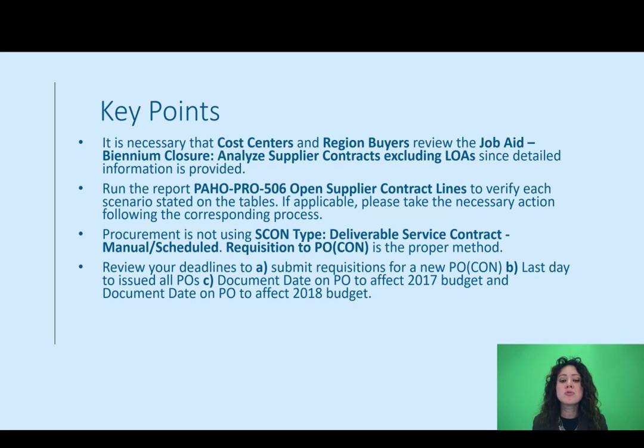And remember those document dates inside the PO: in order to affect the 2017 budget, they must be on or before December 15. But if you want to affect the 2018 budget, the document date on that PO needs to be after December 15, but not later than December 31st.